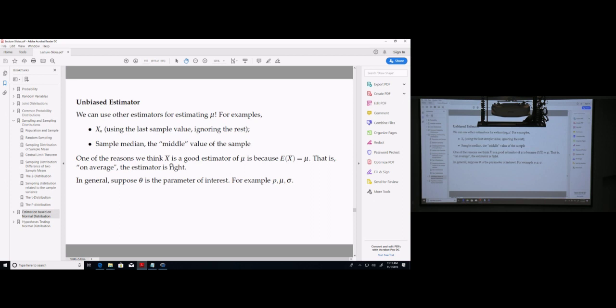So that is one of the reasons we think of the mean as a good estimator. But there is a drawback of the sample mean. The sample mean is very much affected by extreme numbers. I mean, suppose you happen to ask the CEO of the company, and if he wants to disclose his salary, then it would affect the mean a whole lot.